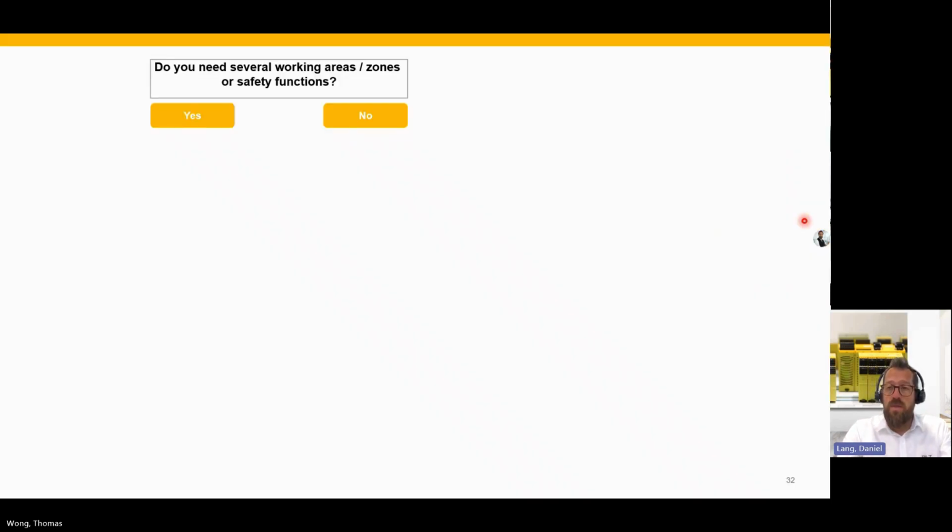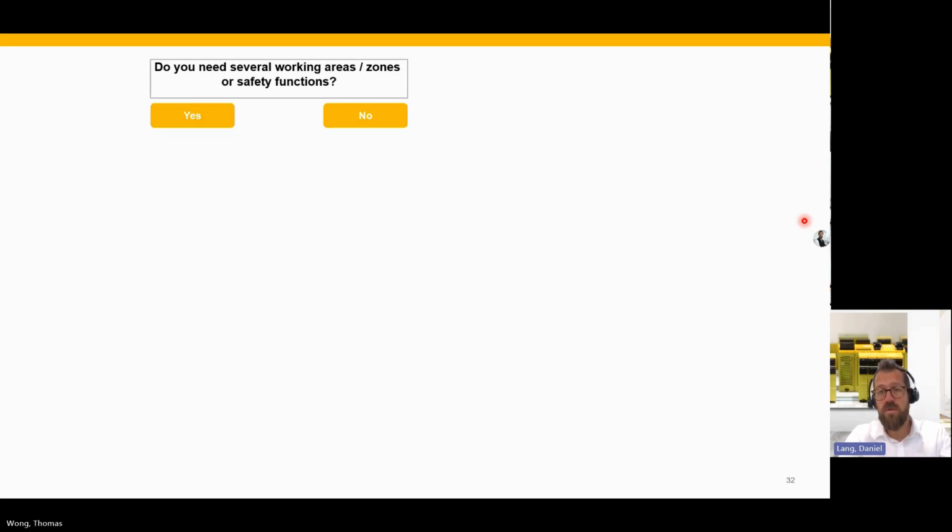As Thomas said, it must start somewhere with the risk assessment. When you've done it, then you know what the risk area, the danger zone, and the hazards are, and then we have to look at how we can handle that. And that comes to the point.